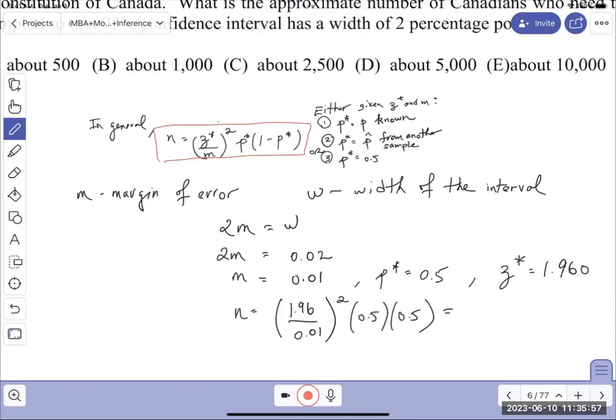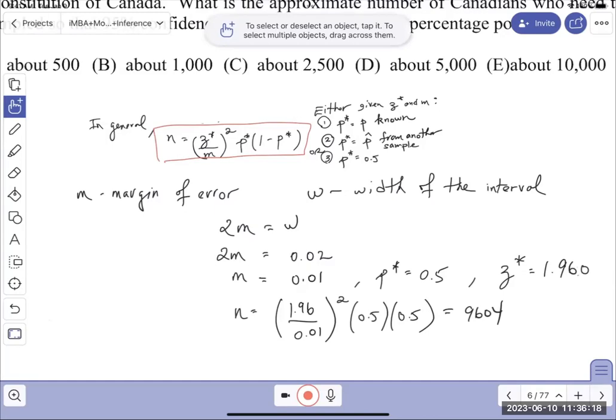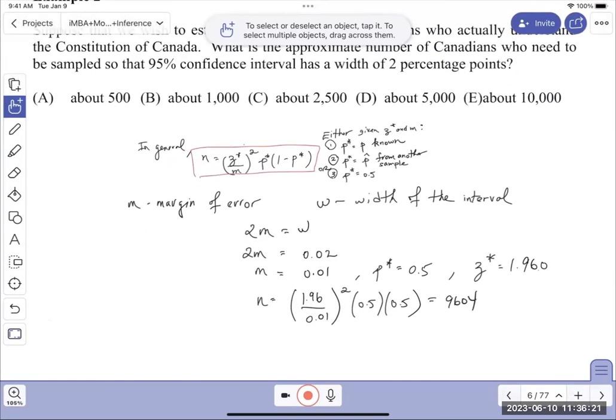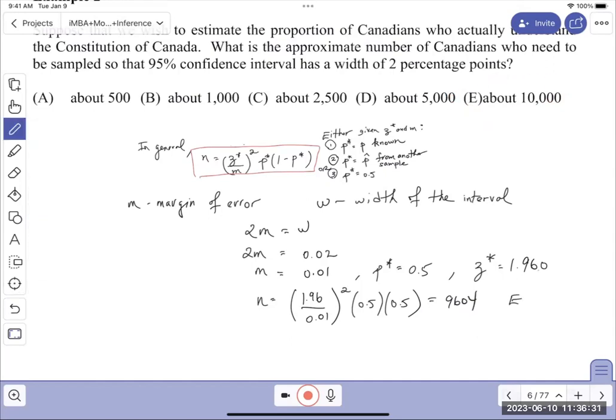And the number that you get is 9604. Now you have to choose which is the best alternative. The closest one is E, but is that the right approach? So the best answer seems to be E, 10,000.